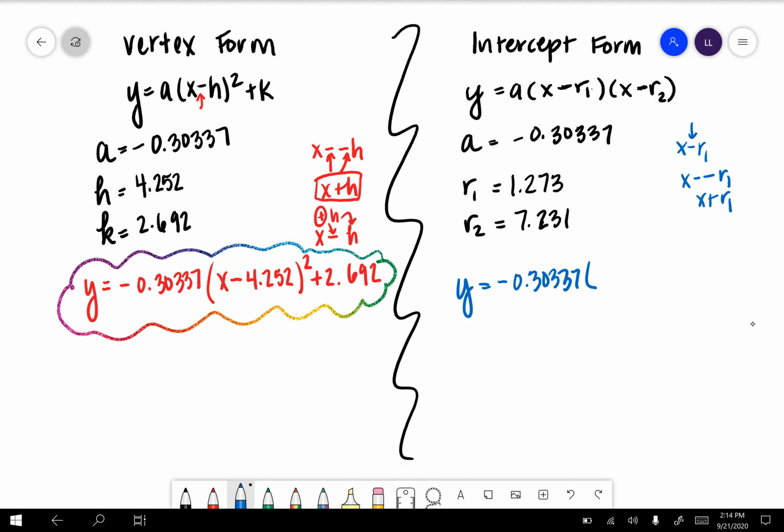Since my r sub 1 is positive, it is going to stay the same. So x minus 1.273, close parenthesis, open parenthesis, x minus 7.231. All right, so here we have our equation in intercept form.